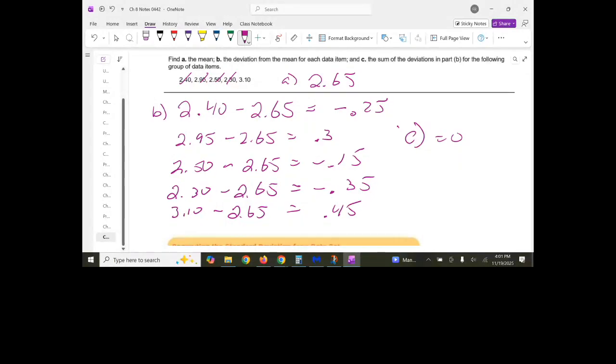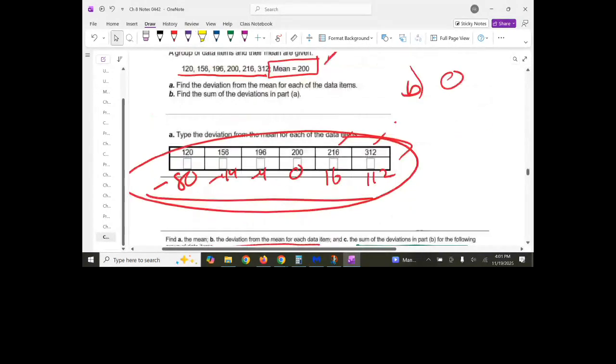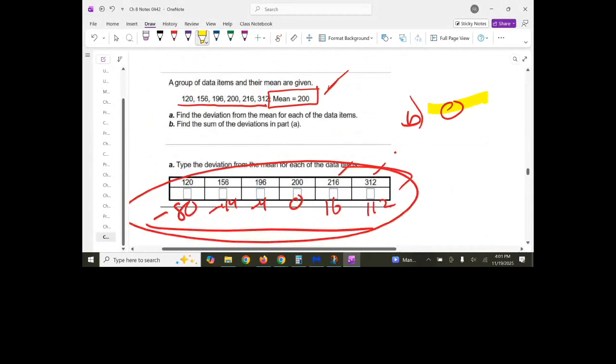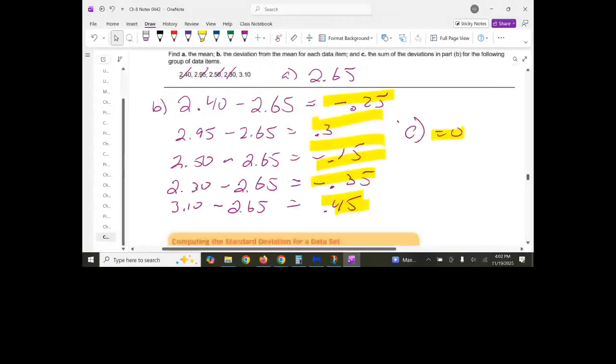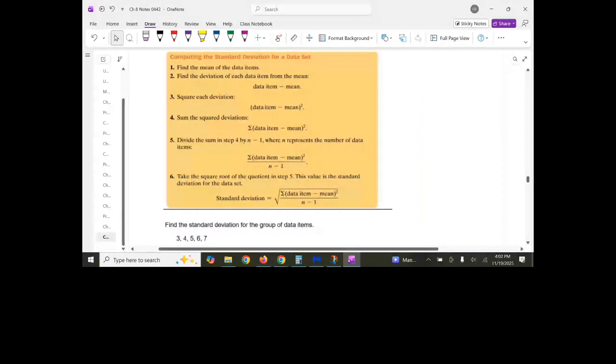So y'all, if we wanted to find the average of those numbers, we would have to add those numbers up and divide by however many we have. But if you notice, every time we add those numbers up, we keep getting 0, right? So how could we find the average of those numbers?